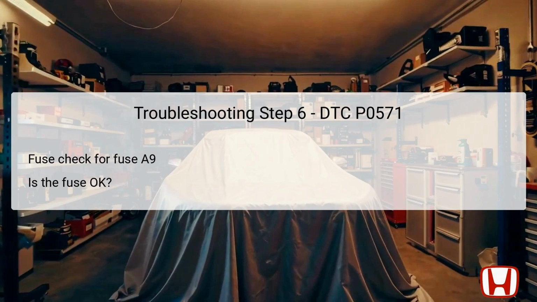In the sixth troubleshooting step, you will check the condition of fuse A9. This fuse is pertinent to the brake pedal position switch's circuit and essential for its operation. Without a functioning fuse, several electronic systems, including the brake lights, may not operate as intended.